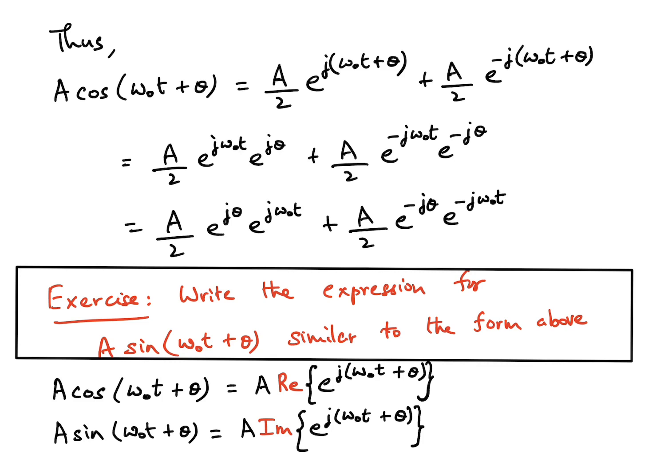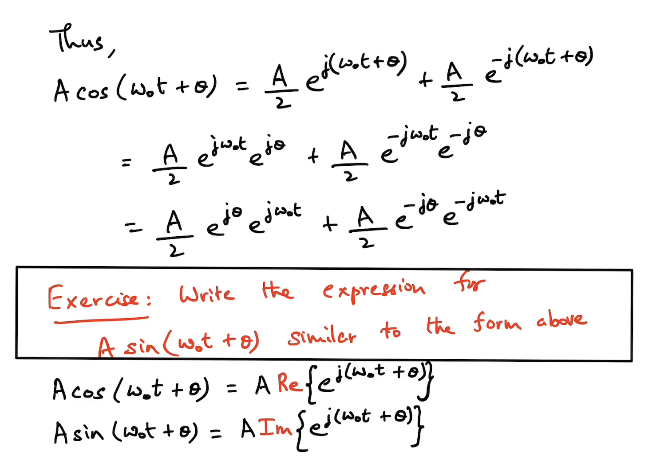Now I want to leave it as an exercise for you to do the similar thing for A sine omega naught t plus theta. So when we have a sine omega naught t plus theta, what would the similar expression in this form look like? It's a very straightforward thing, and I'll leave that as an exercise for you to work out.